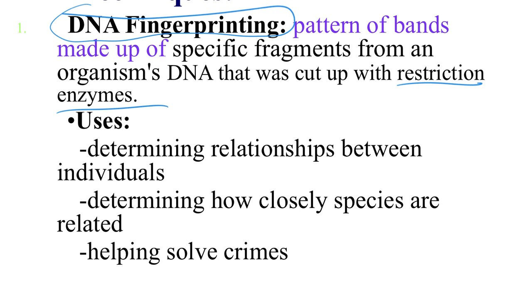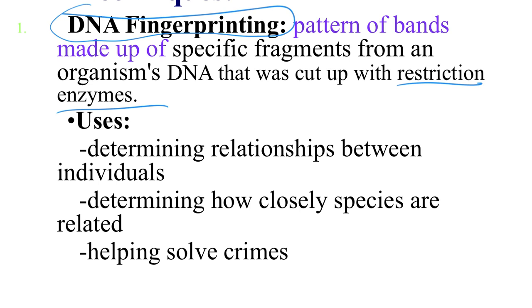So at a crime scene, if they can find some cells left behind, maybe under the fingernails of the victim, or maybe in some blood, or hair, because at the tip of a hair strand, there's a follicle that can contain cells with DNA.